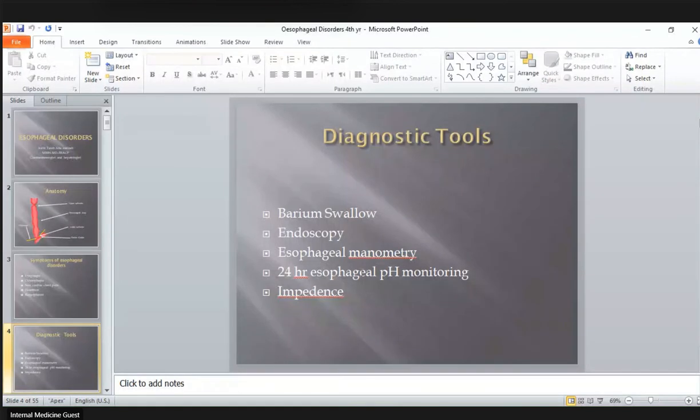We can study the esophageal pH, to monitor whether there is any reflux or not. And more recently, we can study something called impedance, which is the consistency of the bolus and the direction of movement of the bolus.